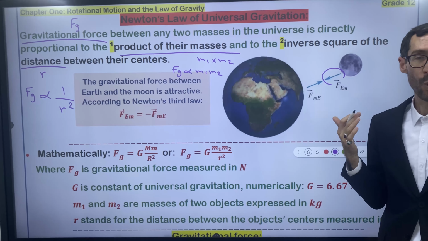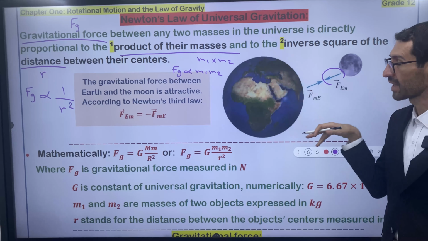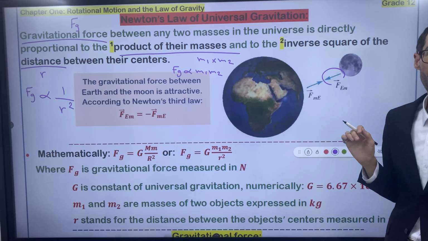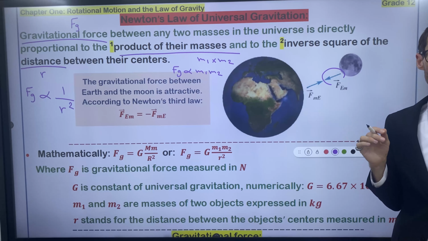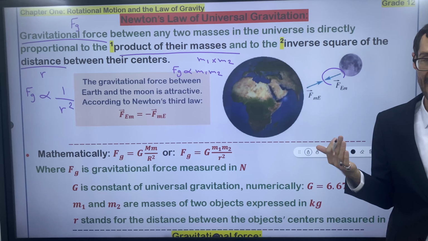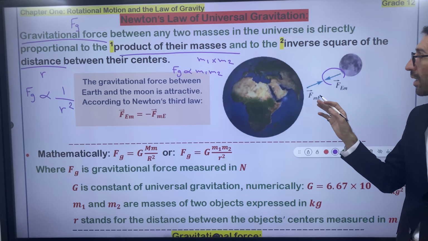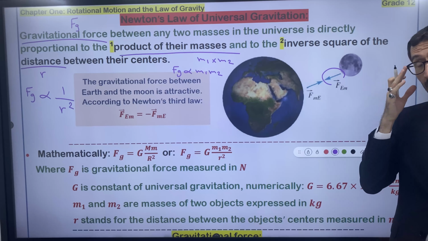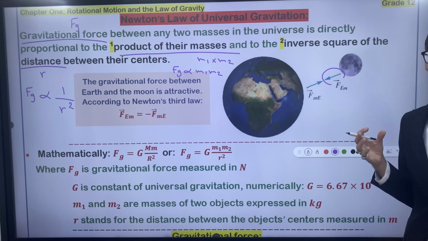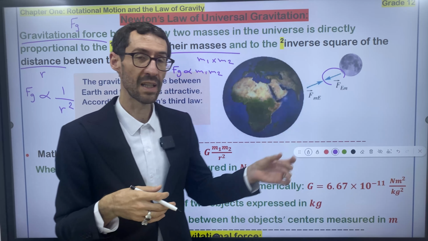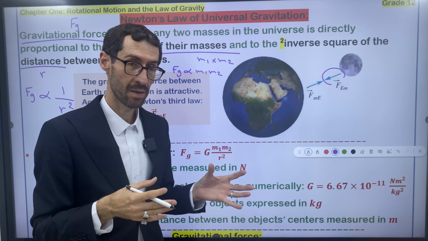So, question: why does the moon orbit the Earth? Why doesn't Earth orbit the moon? The reason refers to the mass, because Earth is more massive than the moon. That's why, in general, usually the smaller objects move around the larger objects, right?